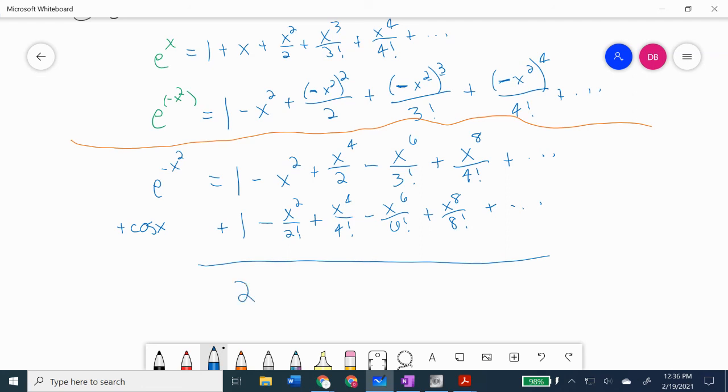Now, if I'm bringing two negatives together, how about I just go negative and then 1 plus 1/2. And then I'm having two positives with my x to the 4th, so I'm just going to put a plus, and then the coefficient is 1/2 plus 1 over 4 factorial.